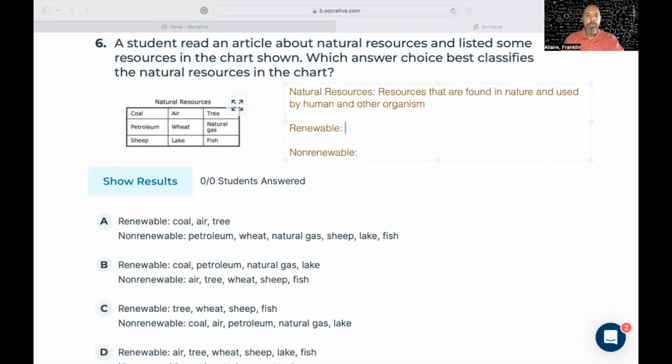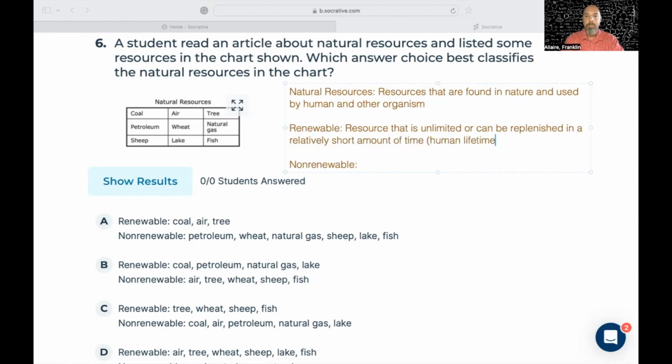Now, a renewable resource is a resource that is for all intents and purposes unlimited or can be replenished in a relatively short amount of time, like a human lifetime. And I realize that we might be thinking, whoa, a human lifetime, that could be 70, 80, 90, or even 100 years.